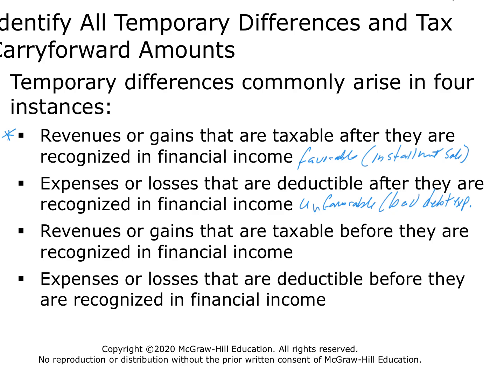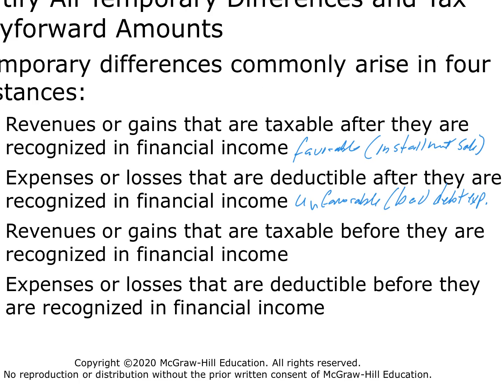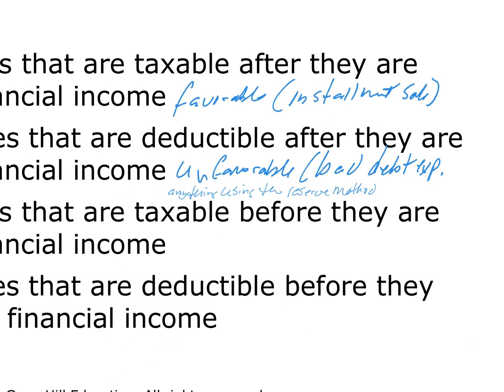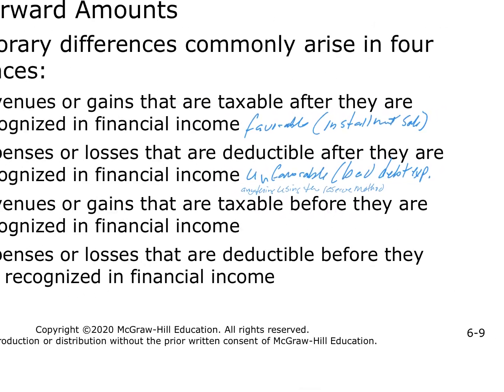Really anything using the reserve method. So I'm going to make this a little bit bigger here. So warranties would work as well, right? Because lots of times there's a warranty reserve.